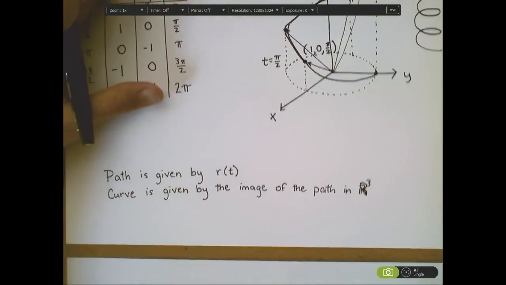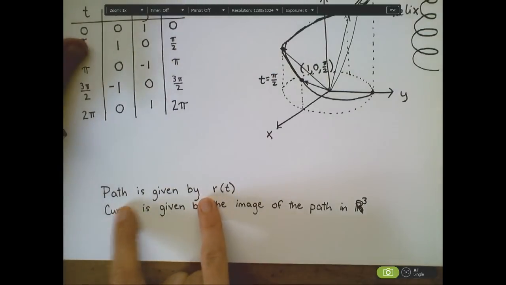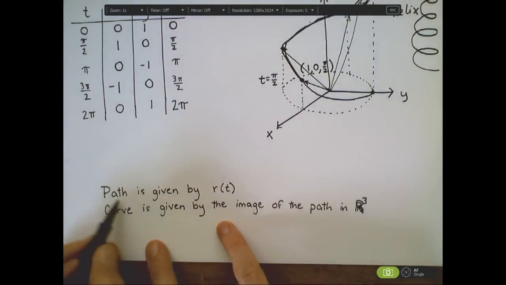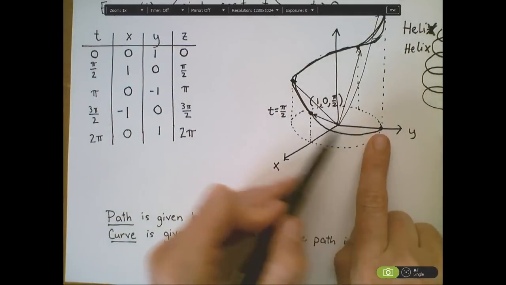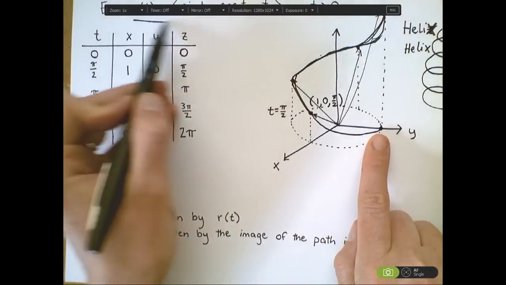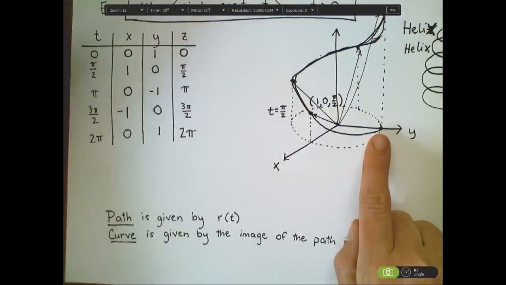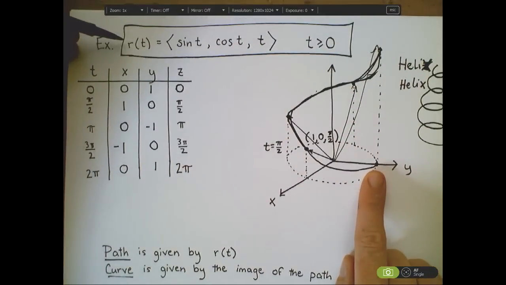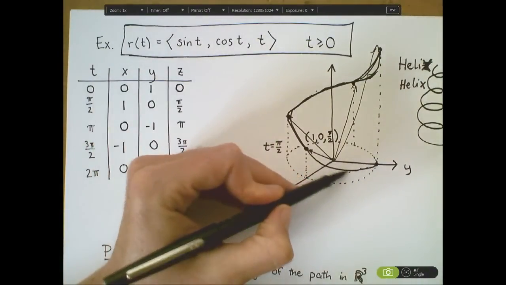So that gets to the next distinction that I want to make, the difference between a path and a curve. The path is what was traced out here, given by this particular function. This function tells me what the path is, whereas the curve is actually these points in space.